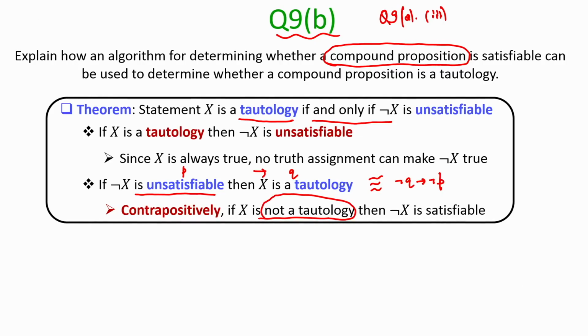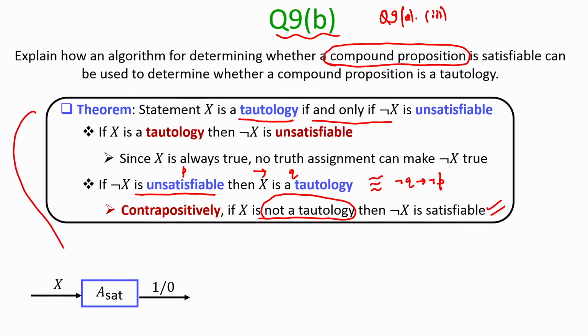For that specific truth assignment, negation of x will be true, because for that assignment x was false, right. So, that proves the implication of this theorem statement in the other direction as well, and that is why this is a condition. So, now we can utilize this theorem to get an answer for our question.